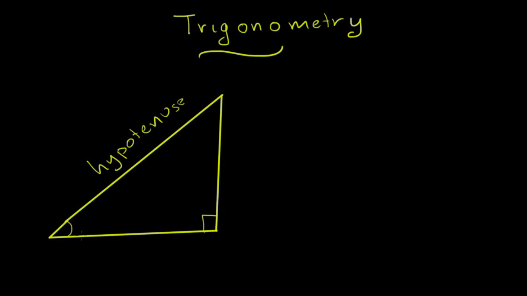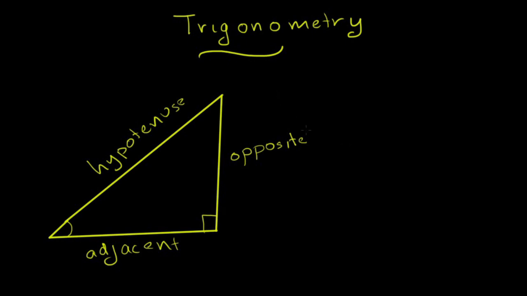This is an angle, and the opposite side to this angle is called the opposite side, and finally the adjacent side to this angle is called the adjacent side. Adjacent is also known as the side which is nearby to something. So this side is nearby to that angle, so we can call it the adjacent side.